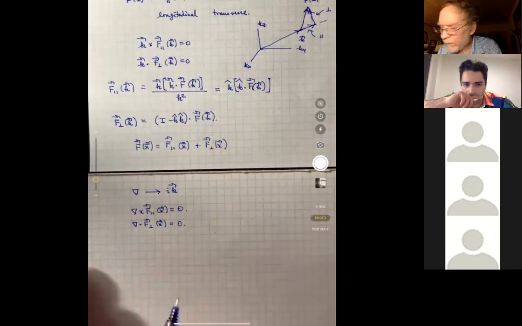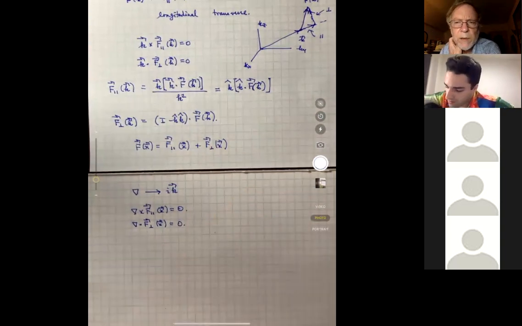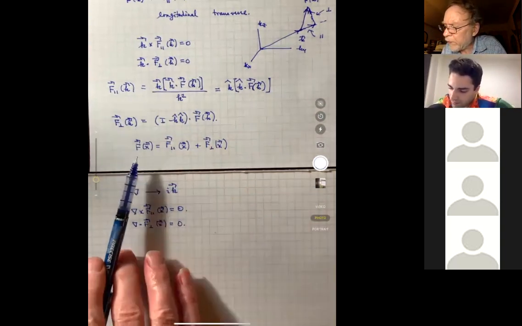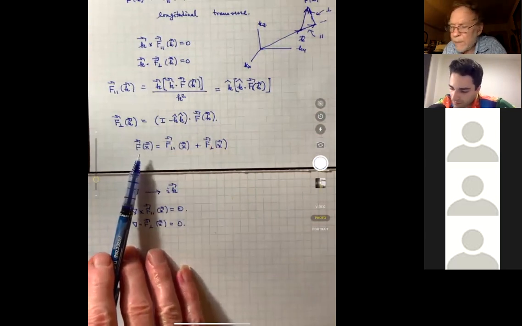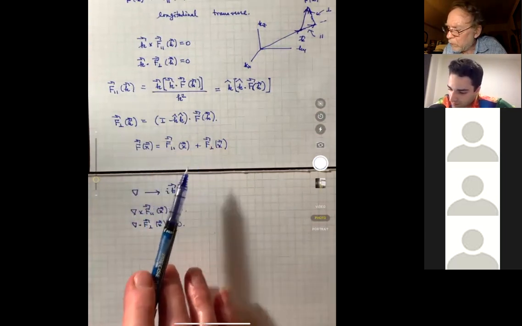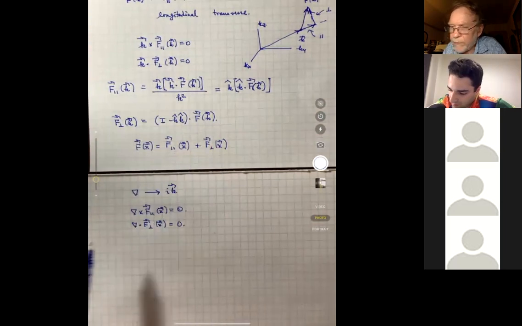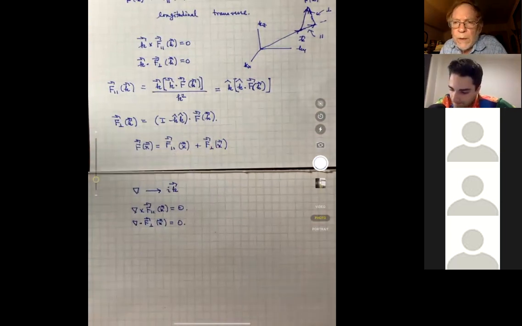And so what we have here is a version of what is sometimes called Helmholtz's theorem. It says a quote unquote arbitrary vector field f of x can be decomposed into two terms, one of which is curl free and the other of which is divergence free. I say quote unquote arbitrary because if you want to state the theorem rigorously, you have to worry about the boundary conditions on f.